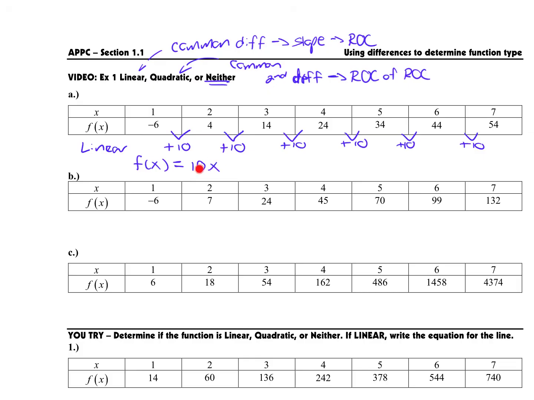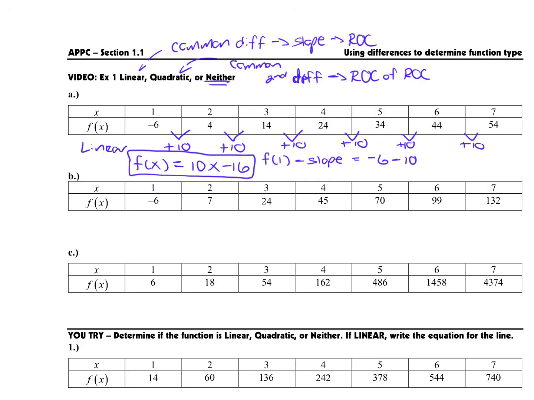If I put a 1 in here, I currently have a 10. I need it to be -6. So the pattern that we're going to find is whatever your f of 1 value is minus the slope will give you that y-intercept. So our f of 1 is a -6. We'll subtract our slope, so this should be a -16.